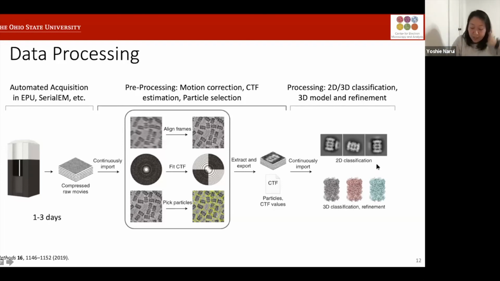As I mentioned, most of the high resolution structures would be contained between 50,000 to 200,000 particles. So you're not choosing all the particles that you pick here, but you're going to do some curation during this process until you can get a good enough set to build a model.